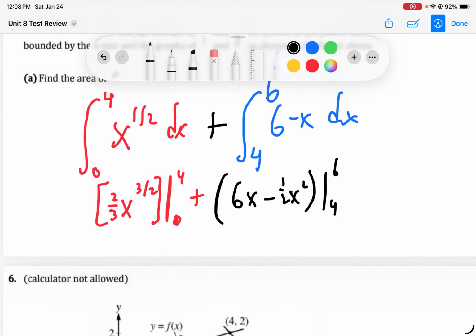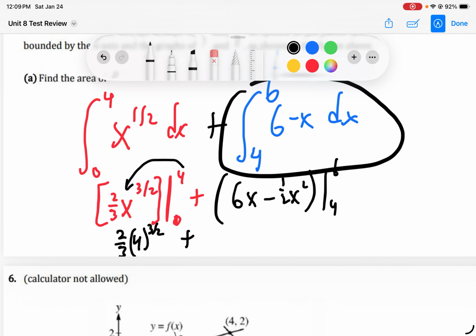Okay, this is an FRQ question, so I can use safe stops, but this is not a safe stop yet. I have to plug in 4, so I have 2/3 times 4 to the power 3 over 2, minus, now 0 to any exponent is just 0, so I don't have to put in that 0 part. And I could just say this is plus, and if I knew this was just 2 from a triangle, I could say that, and that is a safe stop.